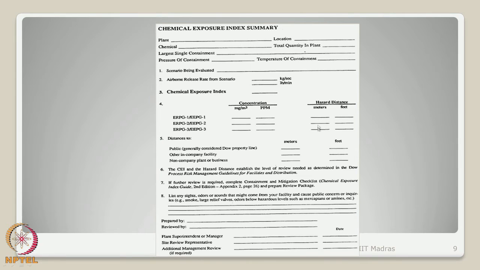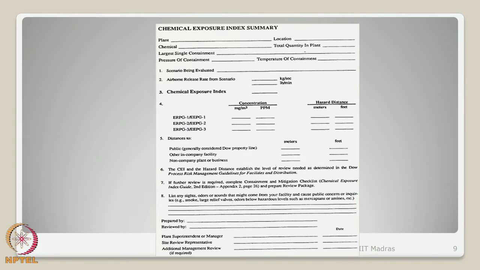Then based upon this you can always give a recommendation, what we call the Dow property line. So, please recommend what could be the distance in meters beyond which the public can be located, other in-company units can be located, and non-company business can be located. So, you have to fill this up and then assess what would be the consequence on these if the distances are closer than the distances for a specific concentration arrived from this equation.